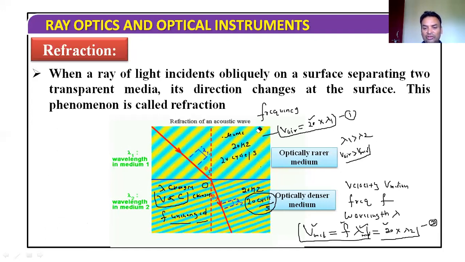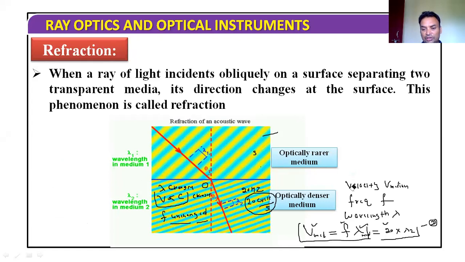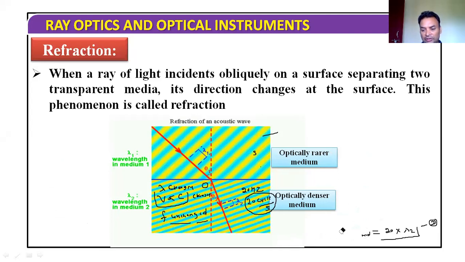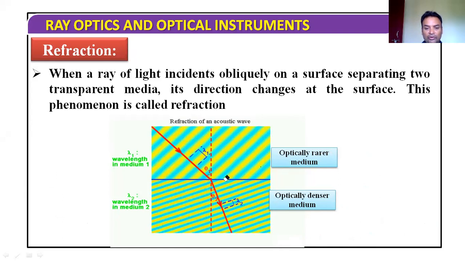We can study refraction also in the reverse case, when the light is moving from denser medium to the rarer medium. Let me discuss that point with the help of another concept, which is called the principle of reversibility of light. So what is the principle of reversibility of light? Let us go for that.